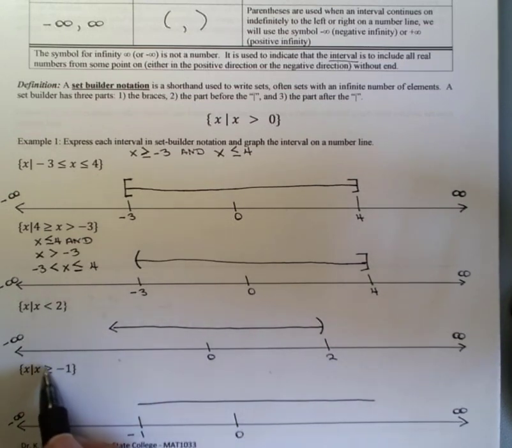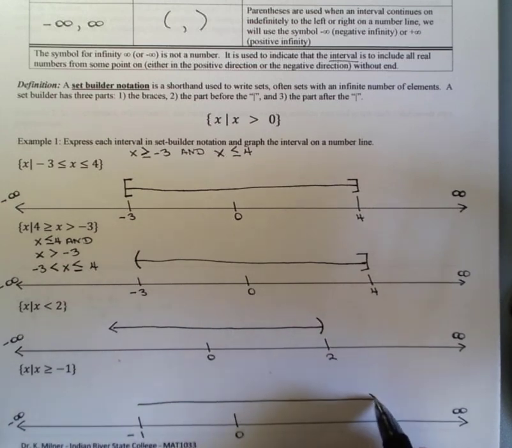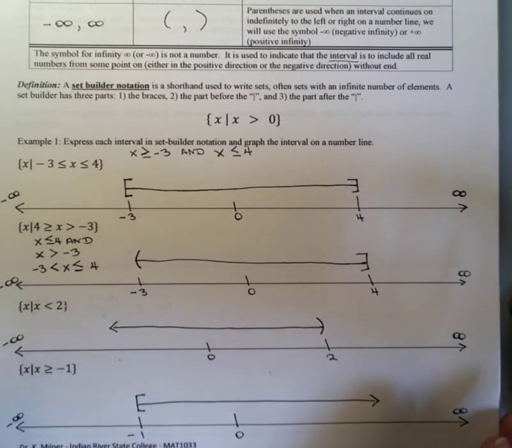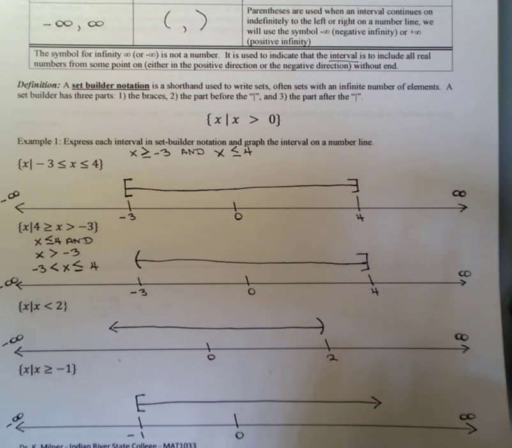I'm following my bracket because my variable x is listed first. Which bracket do I use for -1? Well, it does have an equal sign, so I'll use a square bracket. So that's our set builder notation for these intervals. Let's go on to the next page, and we're going to get a chance to work in some other notations as well, okay?